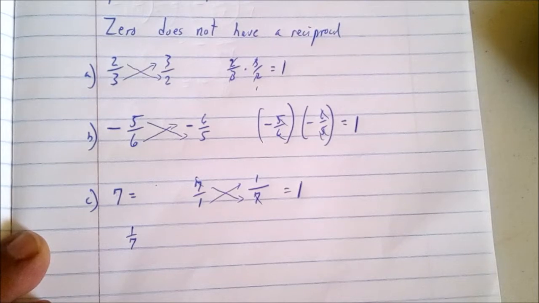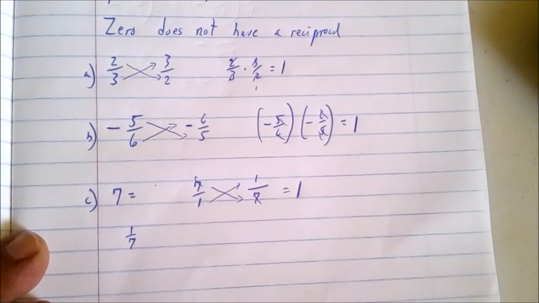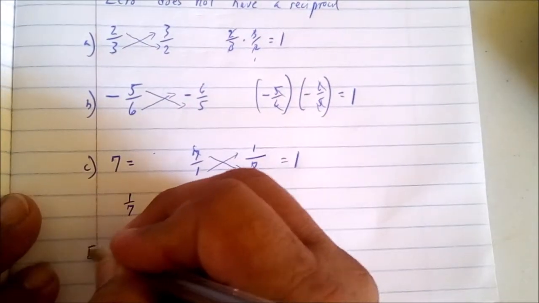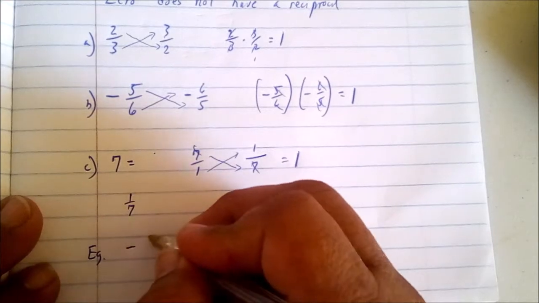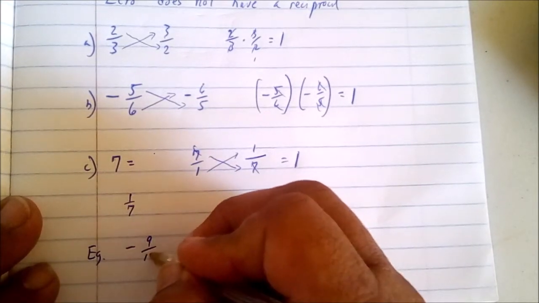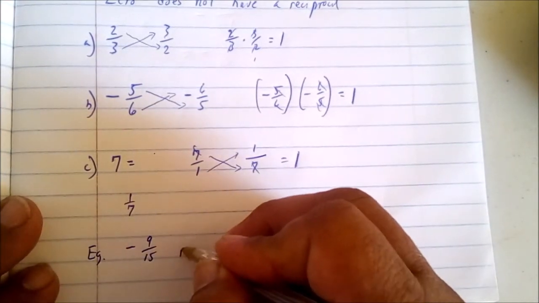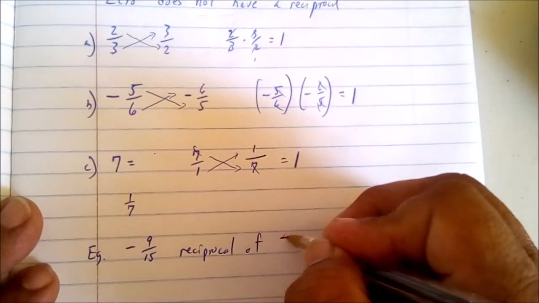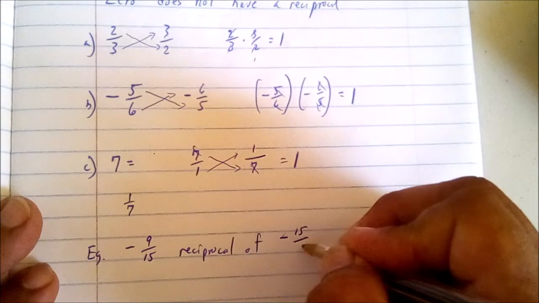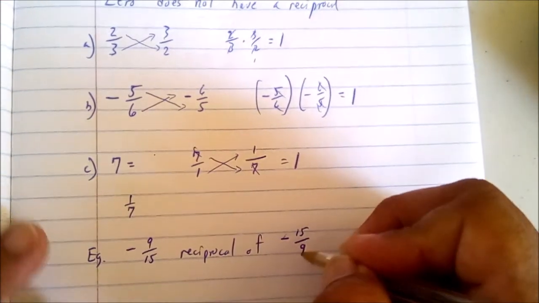Okay, don't confuse the concepts of the opposite of a negative number and the reciprocal of a negative number. They are different. For example, negative 9/15 has a reciprocal of negative 15/9.